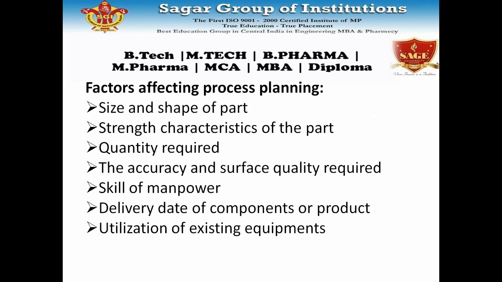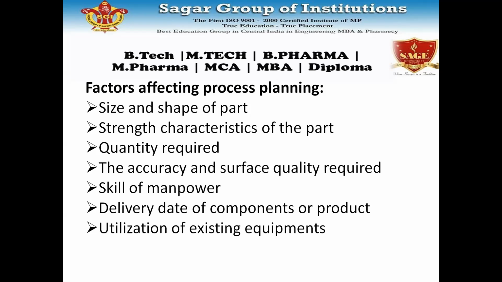Then factors that can affect process planning. There are a few factors shown on our screen. One is the size and shape of the part. We must be very clear about the size and shape of the part that we are going to manufacture. Then strength characteristics of that specific part. Then quantity that we are required to manufacture.